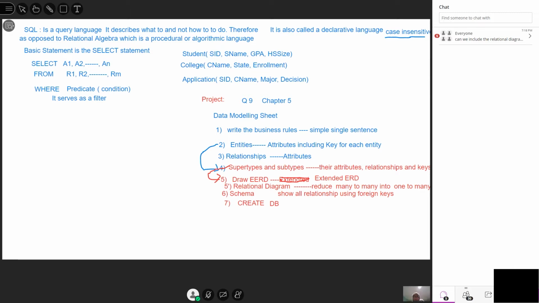Once you create the database, we're going to use MySQL as the DBMS, and we are going to create your database, and then you can also populate it with some data. You are going to create this data. You're going to come up with this data.